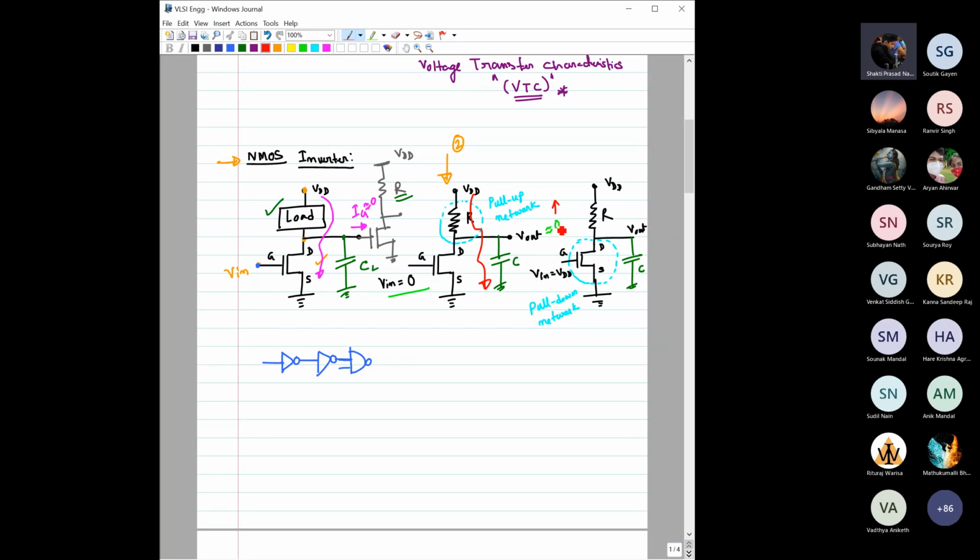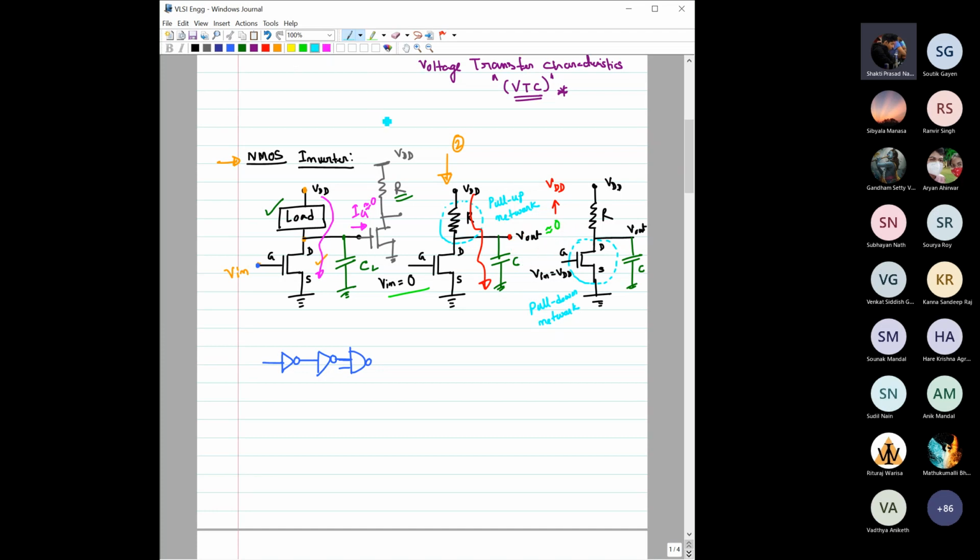Please tell me. VDD. Right. So you can see through this resistance, the capacitor or this output node potential is rising from 0 to VDD.